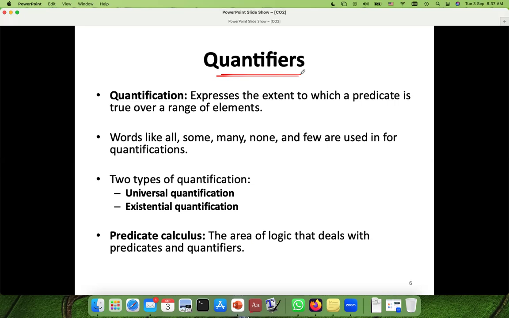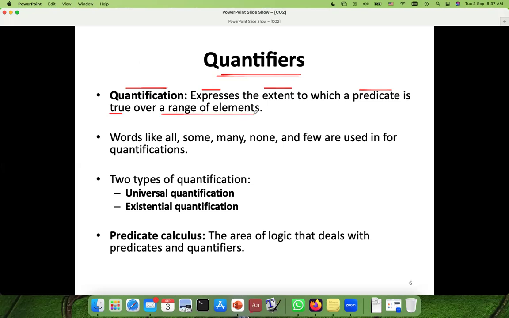It will quantify what different values you can assign to those variables in the predicates. So now if you read this sentence, you will understand what quantification is. Express the extent, express the limit to which a predicate is true over a range of elements.